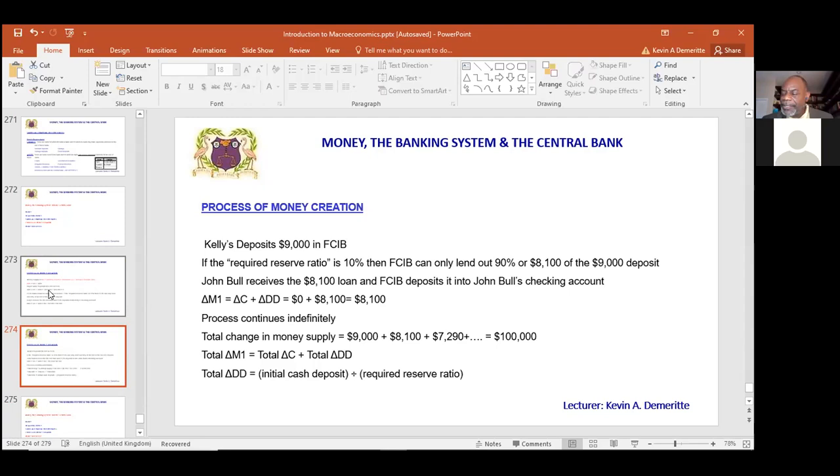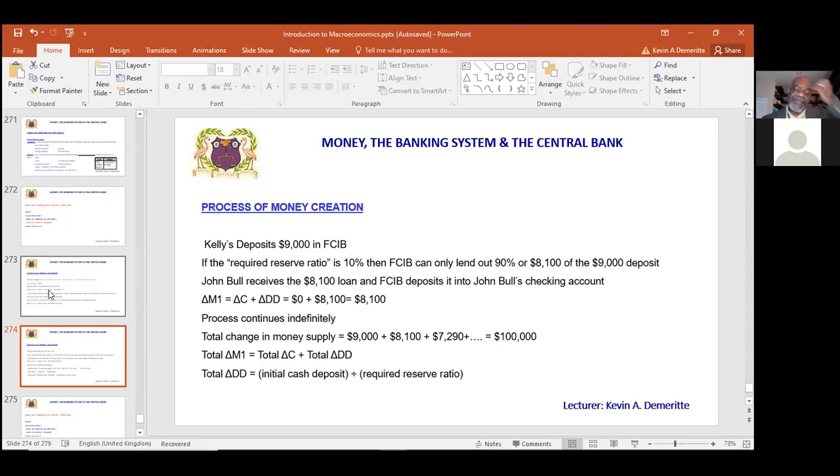The 9,000 was borrowed by somebody who used it to buy something from Kelly's. Kelly's deposited that 9,000 back into FCIB. So FCIB had originally gotten the 10,000. They lend out 9,000. Now the 9,000 comes back. Now they can lend out 8,100 of that 9,000, or 90%. So they lend out that 8,100.